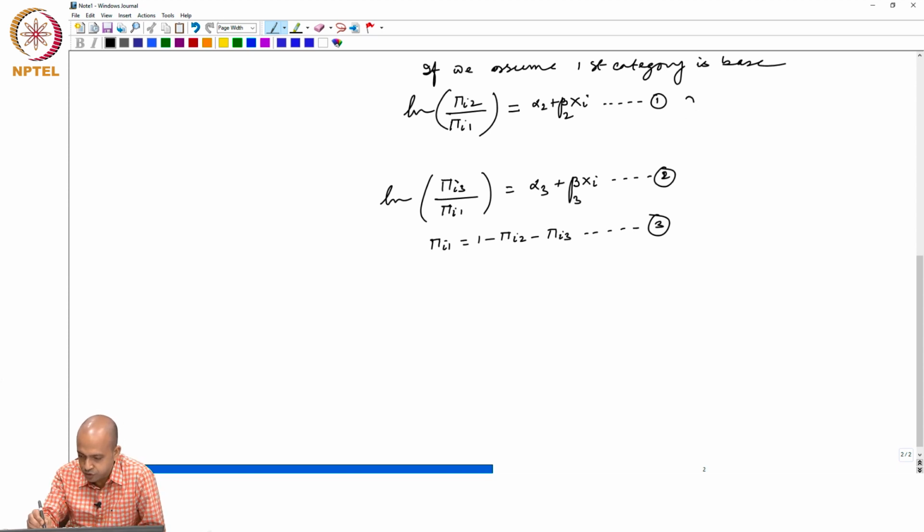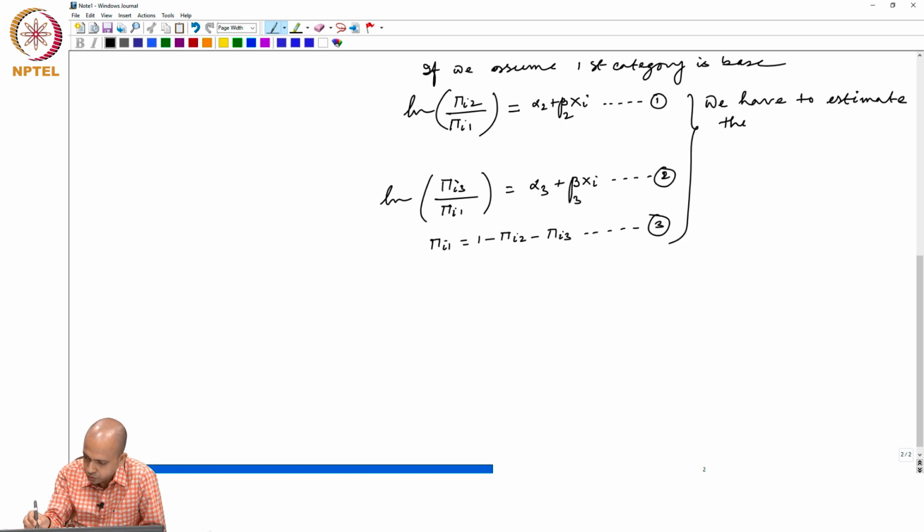So we have to estimate these equations simultaneously.